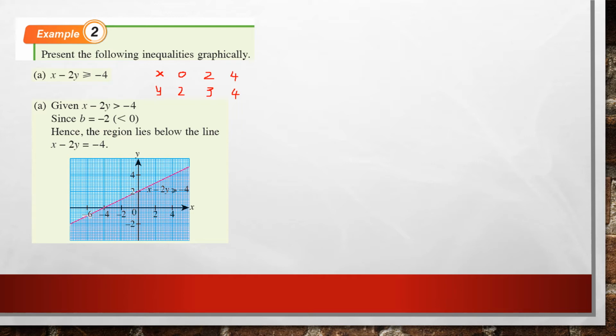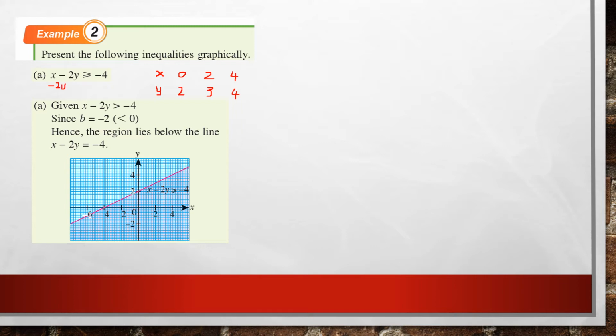Another method to identify where the region is: you can change the subject. Here you have x minus 2y. That means you change the inequality given into y as the subject.